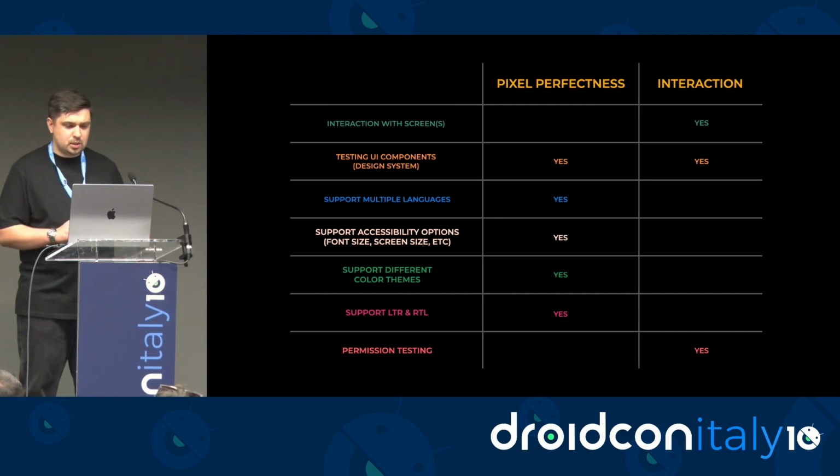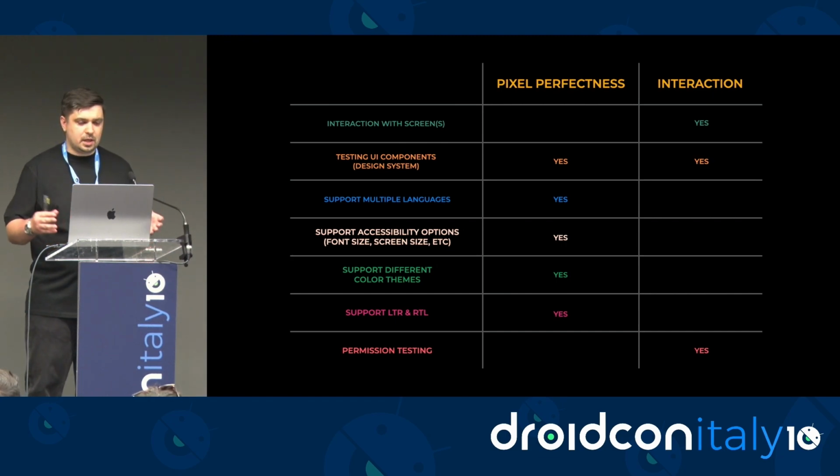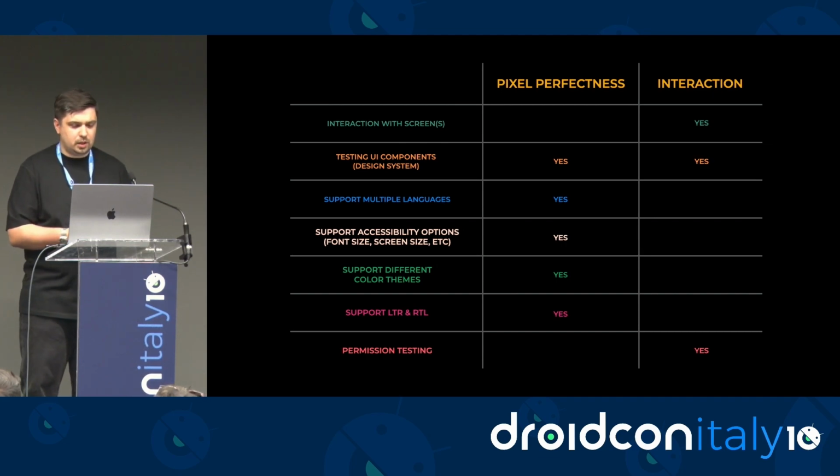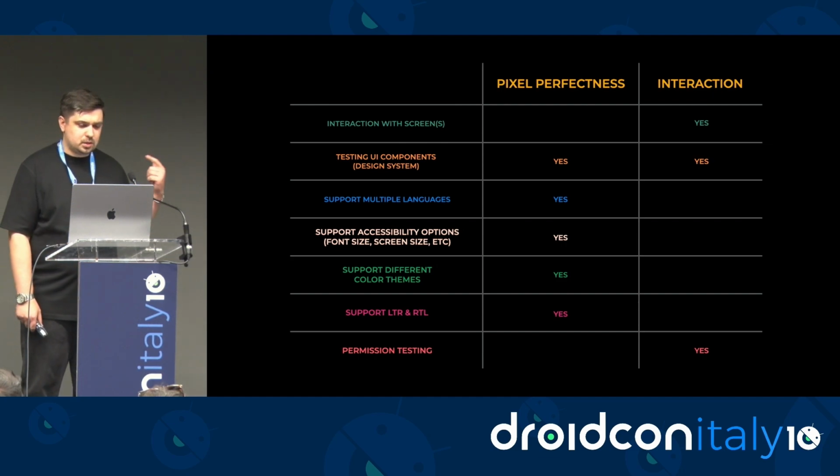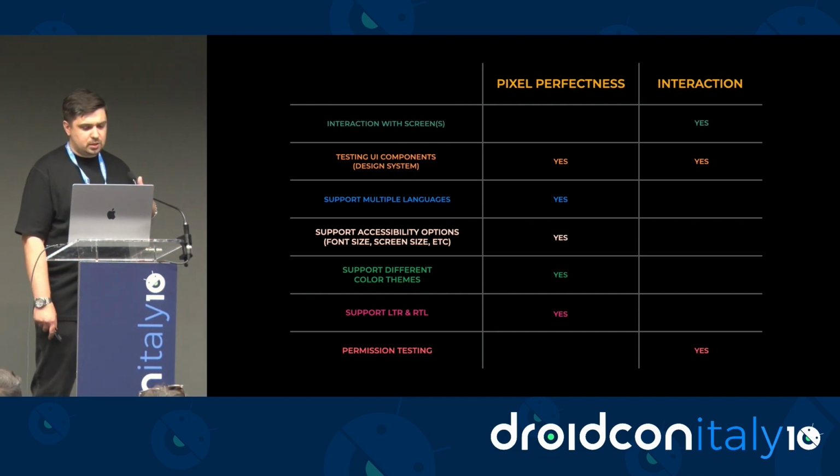If not, we can simply verify it with pixel perfectness and double check different states of our UI component. The same we can do with verifying multiple languages, left to right, right to left, different color themes of your application, font size, screen size, etc.